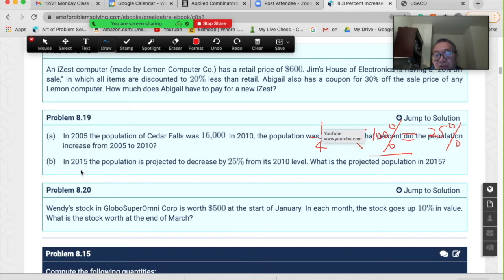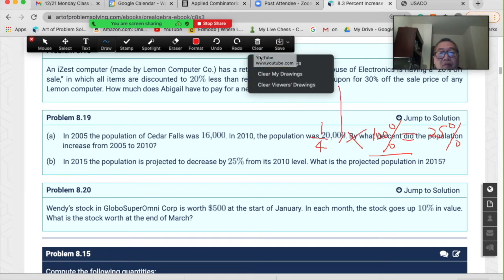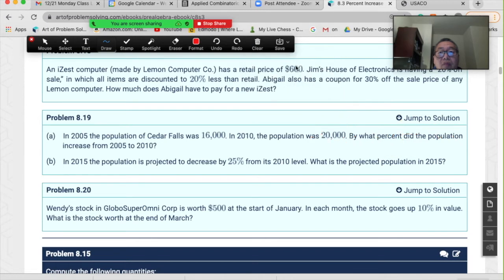Okay, now can you read B? In 2015, the population is projected to decrease by 25% from its 2010 level. What is the projected population in 2015? Okay, show me how you do this.